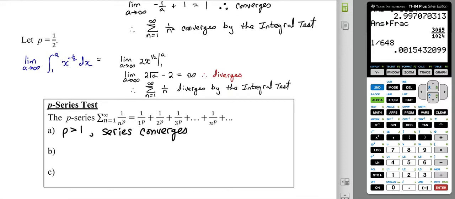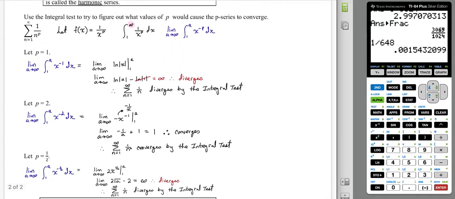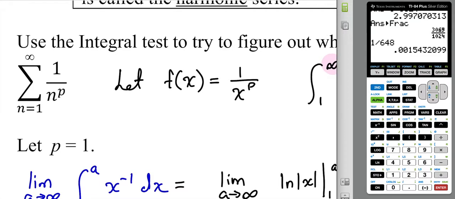Now, if p is less than 1, that's one case, I'm sorry, less than 0. Let's talk about that for a second. We didn't do that one, but let's just reason that out logically here. If p is less than 0, let's say p is a negative 2. 1 over n to the negative second would be the same as n to the positive second.